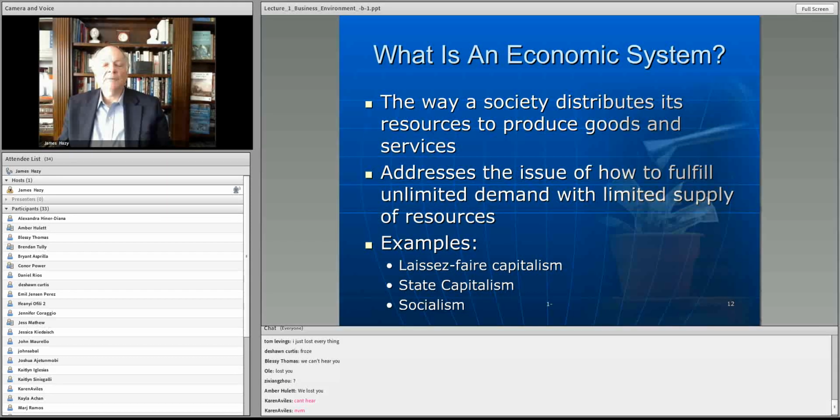Laissez-faire capitalism means that there's no regulation. People can do whatever they want, like the historic, Middle Ages bazaar, where people would just put their goods on the table. That kind of thing is laissez-faire capitalism.